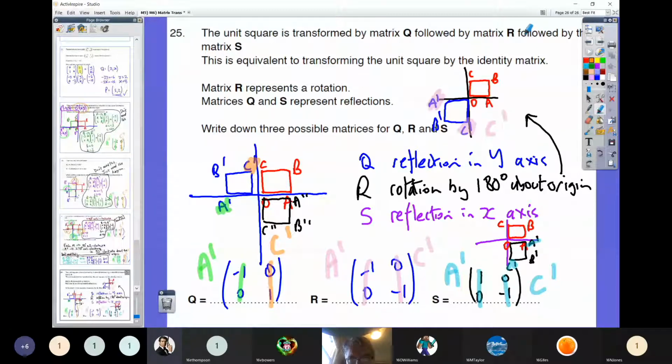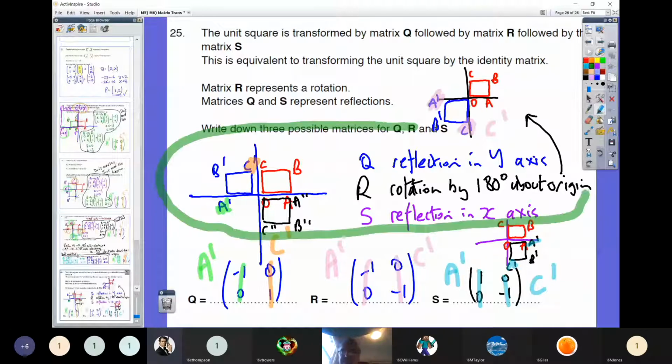So all that stuff in the middle is me just doing a diagram, finding a combination of reflection, rotation, reflection that takes me back to where I started, because that's what they asked me to do. QRS: reflection, rotation, reflection. There probably are other ways of doing that.